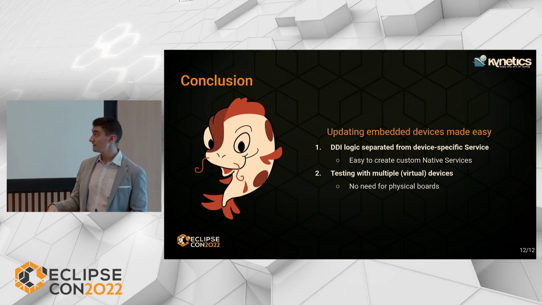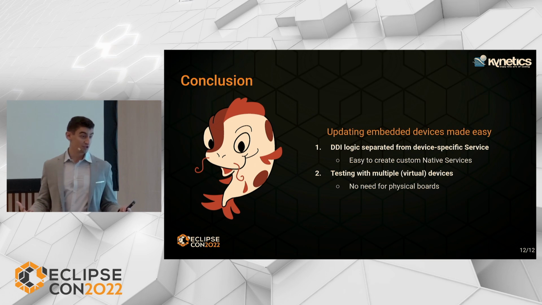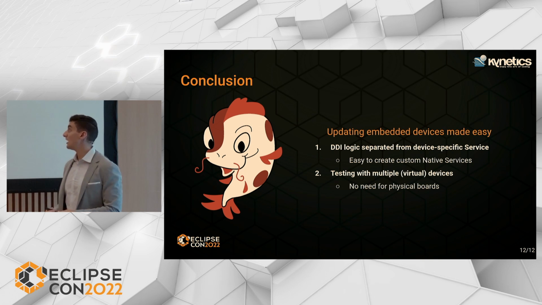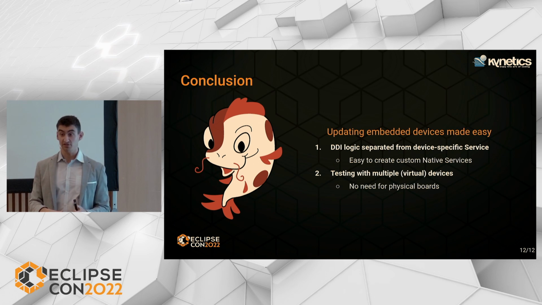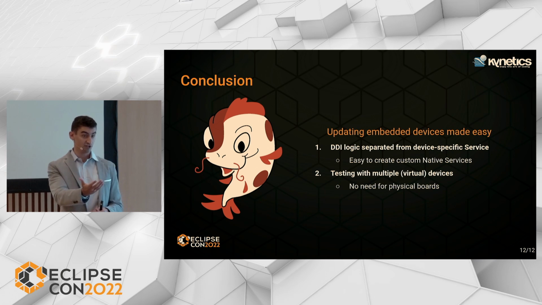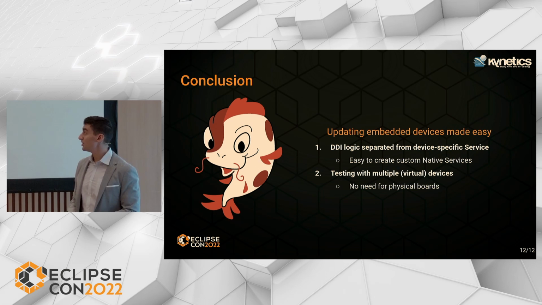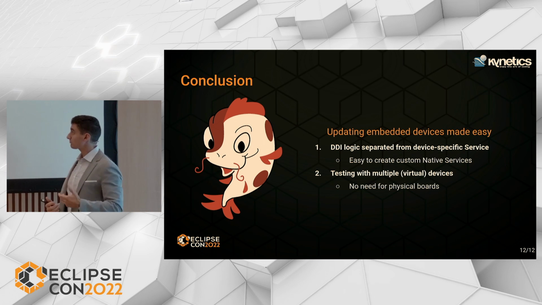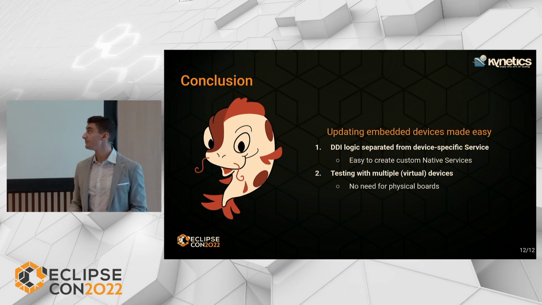And the second main way is that it simplifies testing, which is always useful, by allowing developers to use virtual devices, so small applications, to test their hawkBit-based server, be it Update Factory or any other hawkBit-based server, without the need for expensive and time-consuming physical boards.